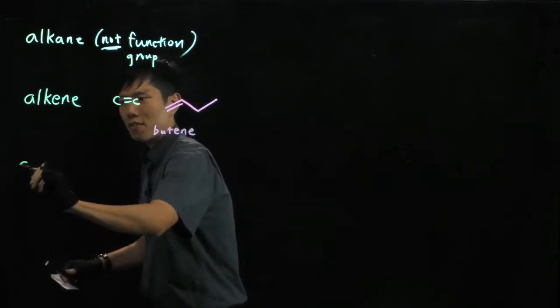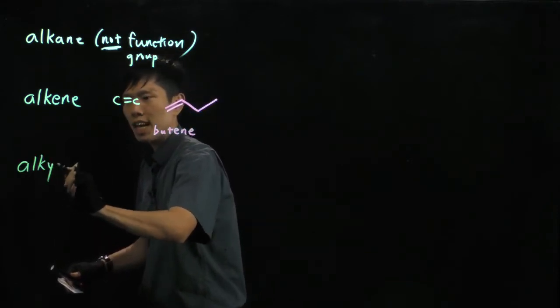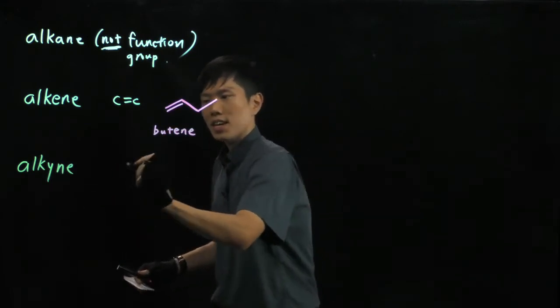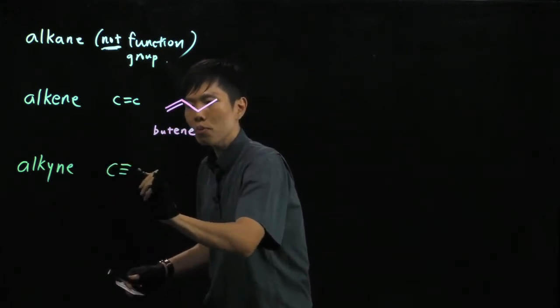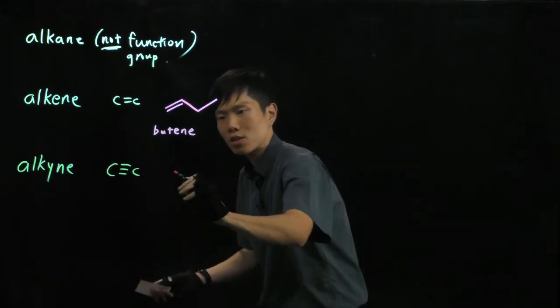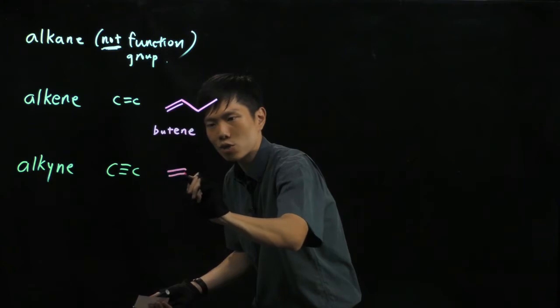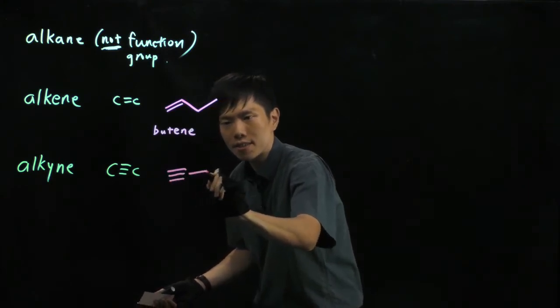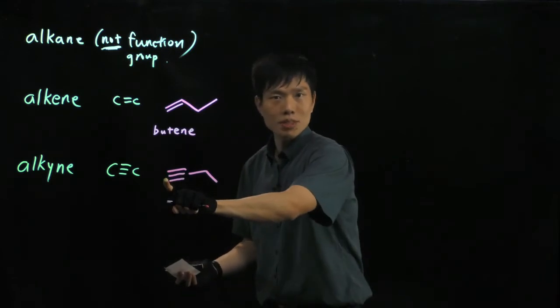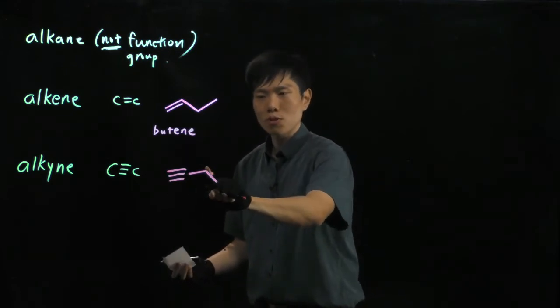Next, we have alkyne. Alkyne means having carbon-carbon triple bonds. So, if I may draw this skeleton structure, you notice this ends off with a carbon. Don't forget, 1, 2, 3, 4.